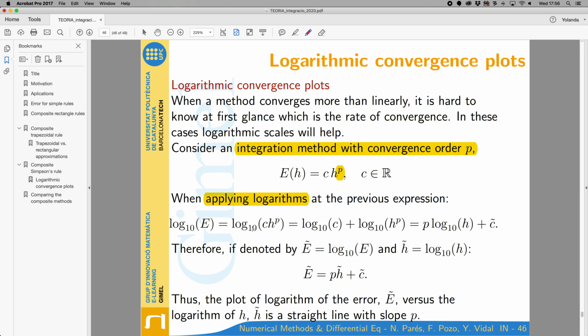Now I will use the properties of logarithms, and I can split this into the logarithm of c plus the logarithm of h to the power p. And of course, here we can use the properties of the logarithms that allow us to write this p multiplying the logarithm of h.